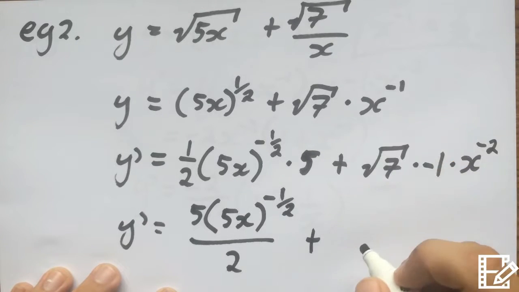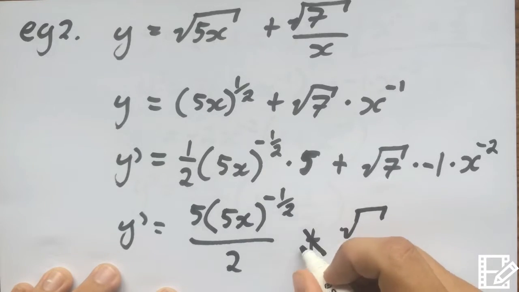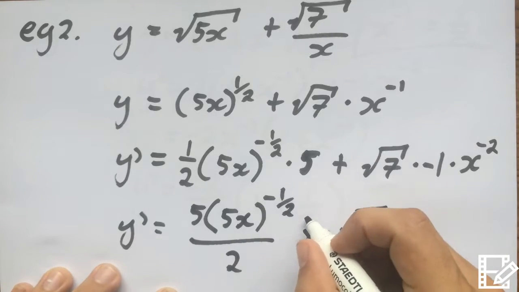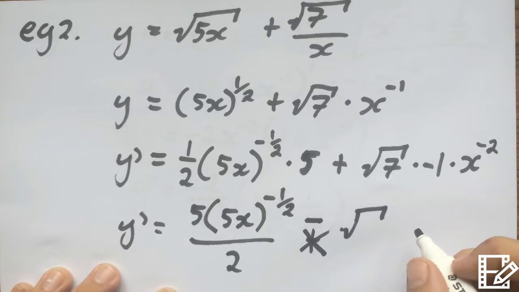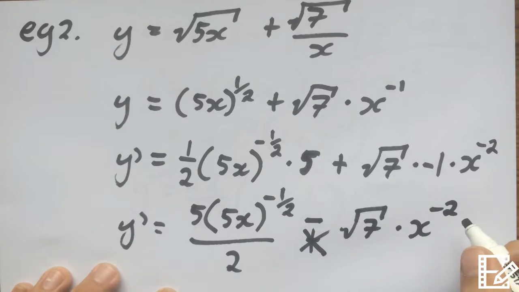Plus square root of 7, that stays there, except now, because there's a negative 1, it's a minus. And that is multiplied to x to the power of negative 2.